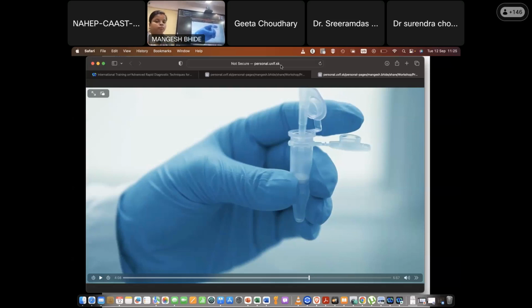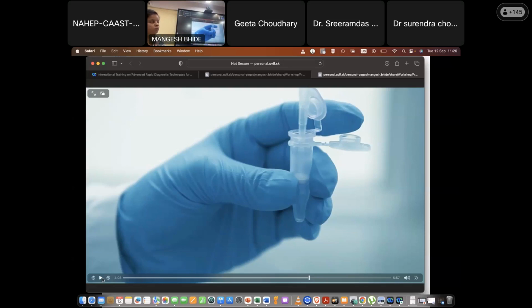This filter is nothing but a very small piece of silica type B filter paper, and that filter paper has an inherent ability to bind DNA in the presence of salt or ethanol. I repeat, in the presence of salt or ethanol.